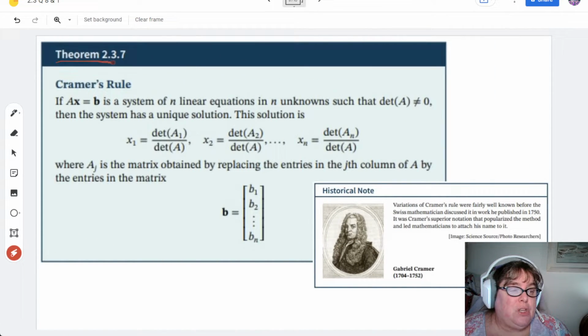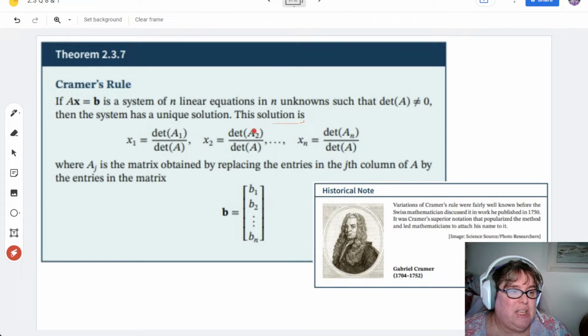Under theorem 2.3.7, Cramer's rule: if Ax equals B is a system of n linear equations in n unknowns such that the determinant of A does not equal 0, then the system has a unique solution.